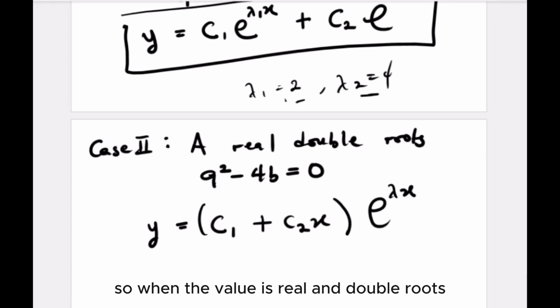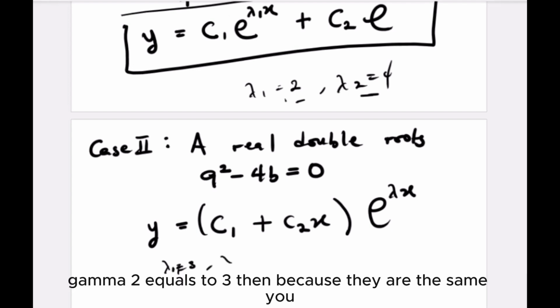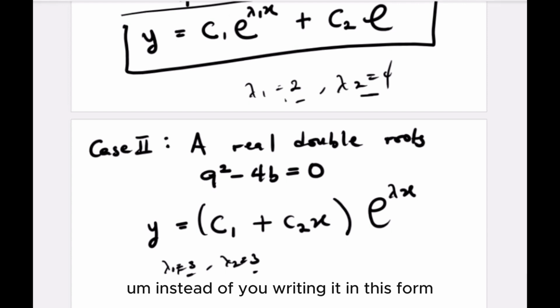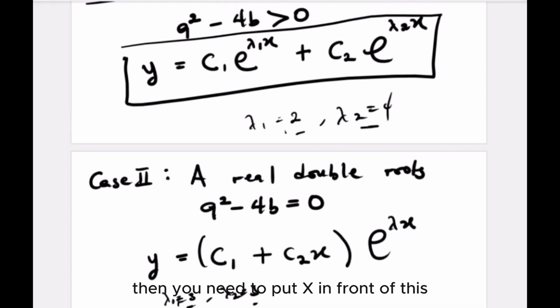So when the value is real and double roots, if you find the value of gamma, let's say gamma 1 equals 3 and gamma 2 equals 3, then because they are the same, instead of writing it in this form, you need to put x in front of this.